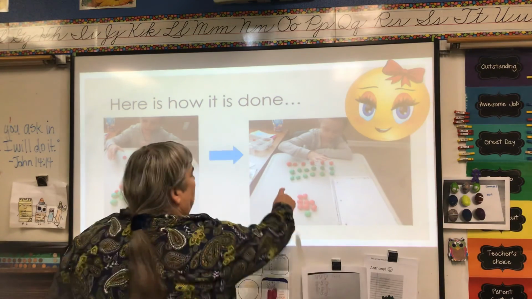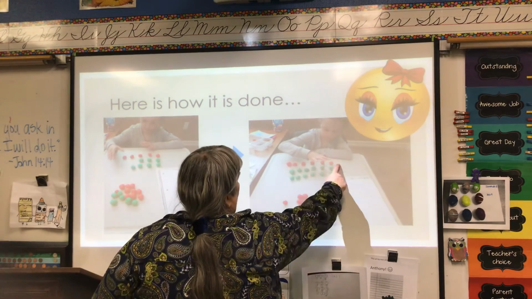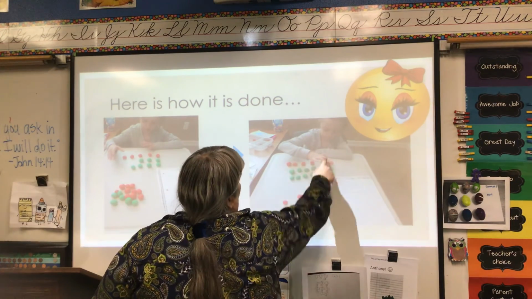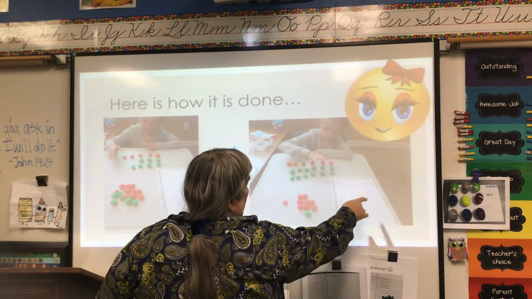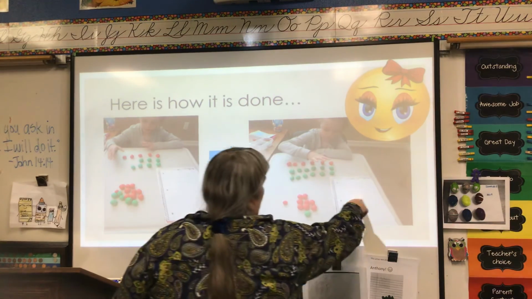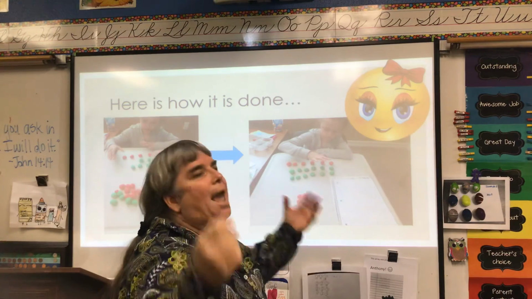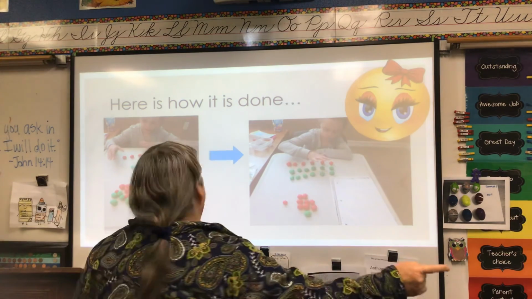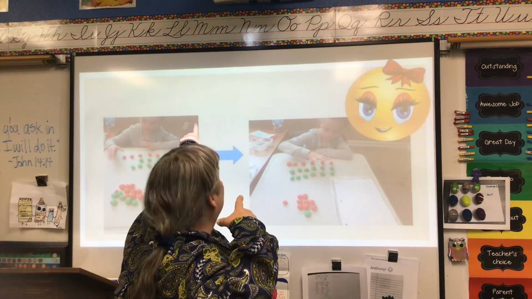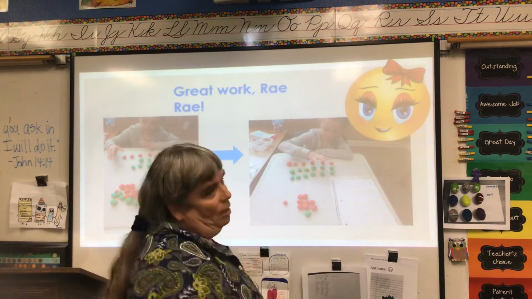She definitely has 3 rows, and she has columns 4, 5, 6. So right here, it's kind of light, but it says 3 times 6 equals, and what's the answer? 18. One more click. Great work, Ray Ray.